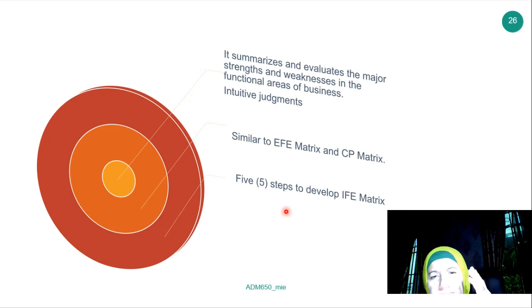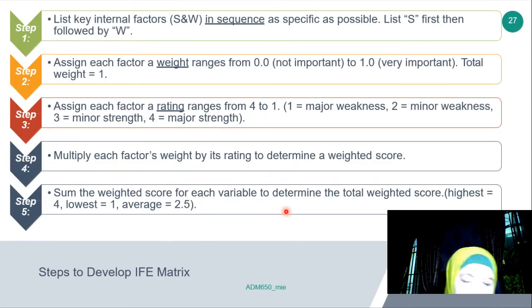The process of steps is similar to the External Factor Evaluation matrix and the CPM, the Competitive Profile Matrix. There are also 5 steps to develop the IFE matrix. So these are the 5 steps. First, you have to list down the internal factors, as specific as possible.